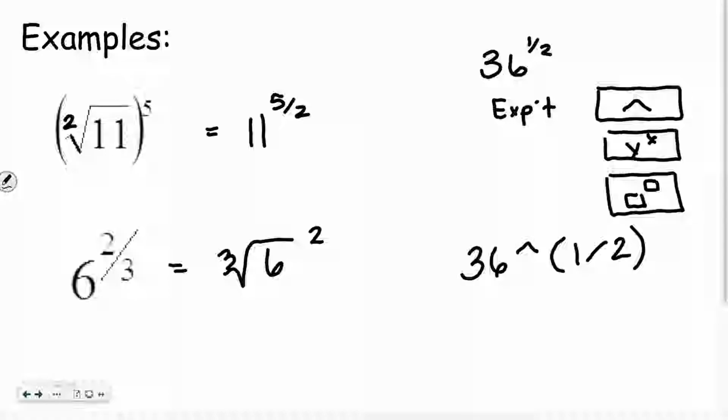I think, try typing 36, and then do the y to the x button. And then you might have to do parentheses first. So parentheses 1 divided by 2, and then close the parentheses. Now that's just your parentheses, so hit equal. Anybody else? Yep, you're going to need your parentheses. Okay? Are you guys okay?